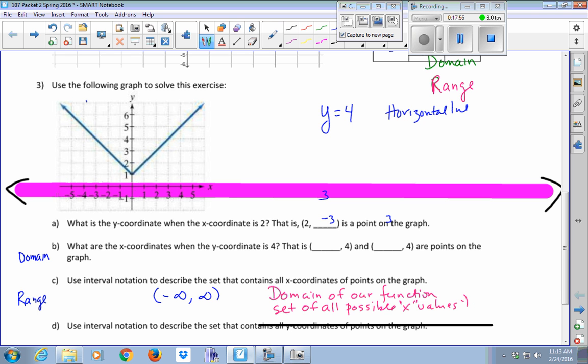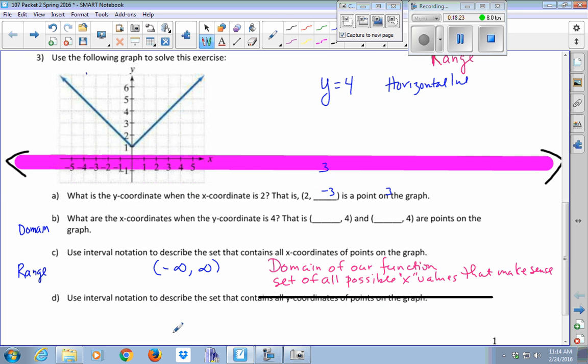This is not a mathematical definition of domain, but by making sense, I mean I can come out with an output. If you give me any x value, I can go up to the graph. It makes sense because there's a value that's associated with that x value. It has meaning. It can be defined. It can be represented as a quantity called the output. All right. So that's the domain.